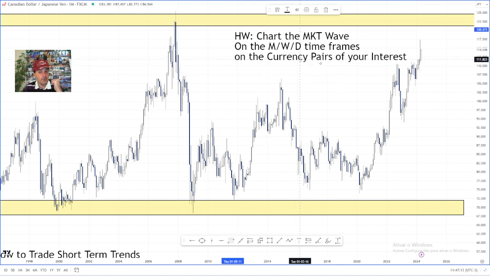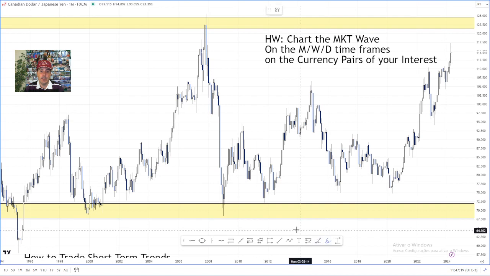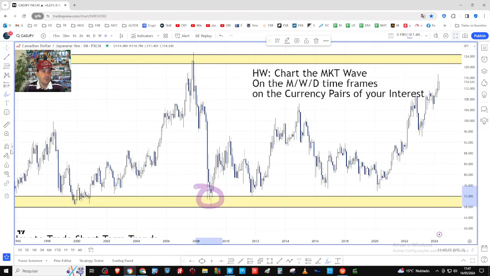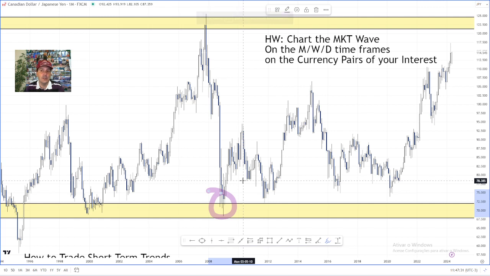Now Canada JPY, I'm going to do it. The last time we learned all of this, by the way, the last time the market hit the lower band, and the market wave, right, magnet. The market wave, the relevant highs and lows are the borderlines between extensions and retracements.